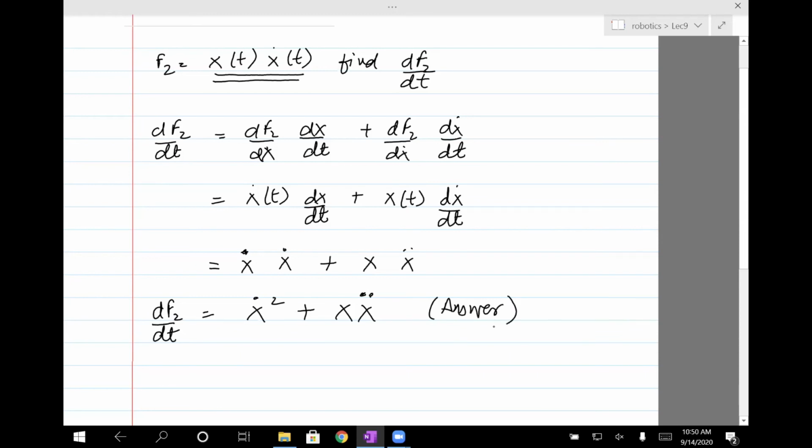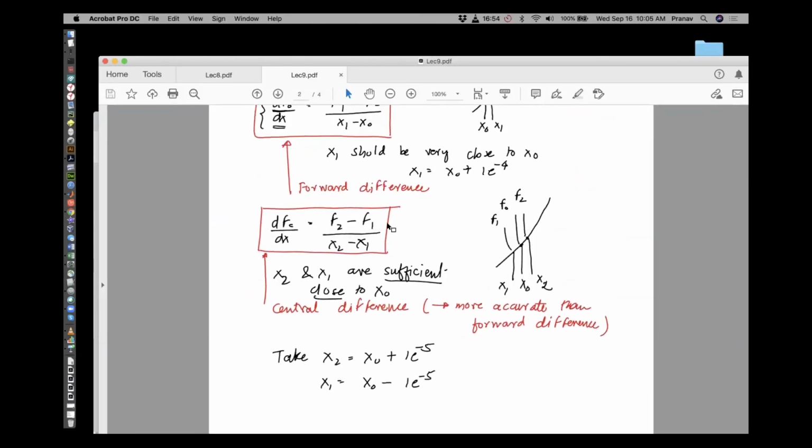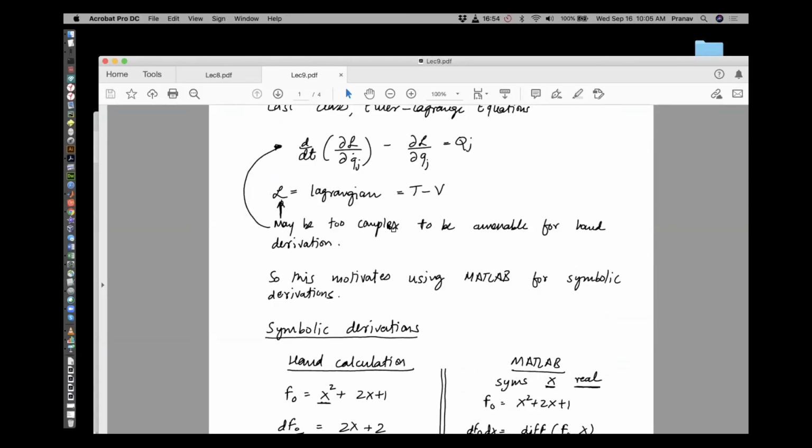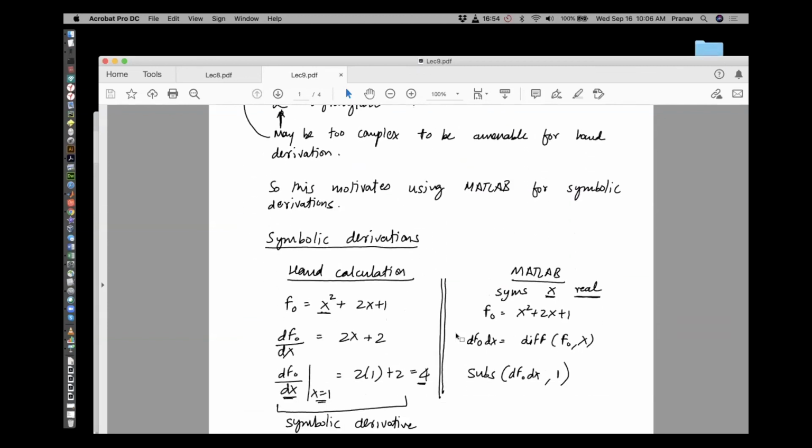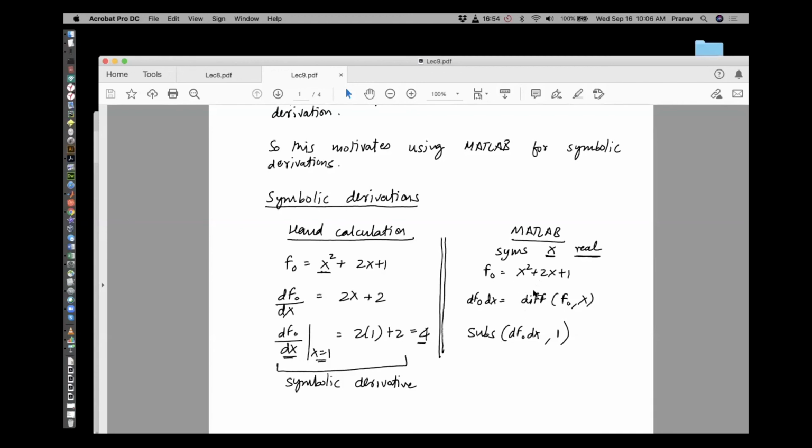Okay, so next time I will show you how to write this in Matlab to do the symbolic derivation. We did something very simple with a derivative. There's a command called diff, and we used that to do differentiation of simple functions.